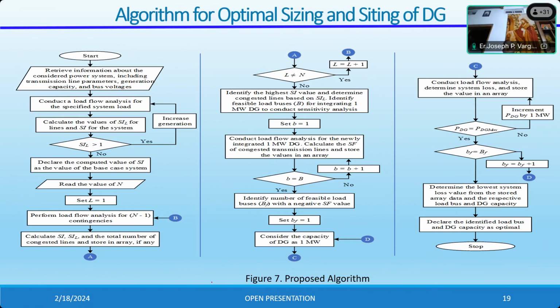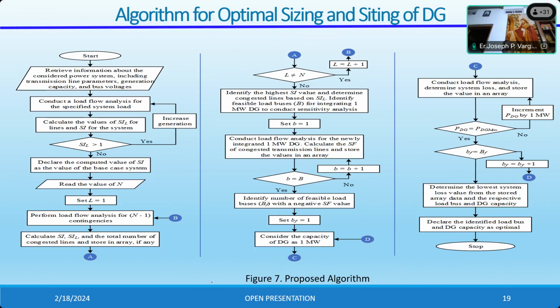For a healthy system, the value of the severity index is less than 1. For a congested system, the value of SIL, that is the transmission line severity index, will be greater than 1. The severity index of the system will be more than the base value if the system is congested.